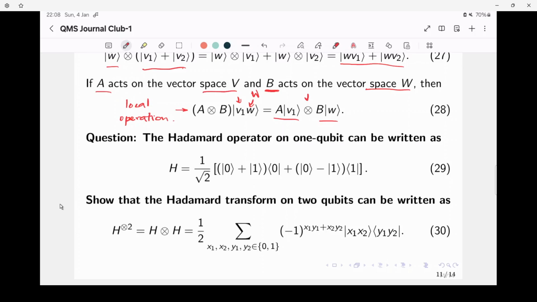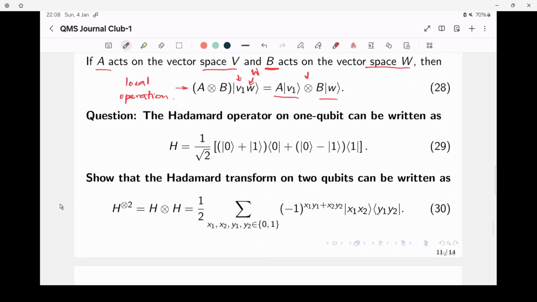I hope you guys tried it. This is a very common trick for some of the quantum algorithms, especially, what is that one? The Deutsch-Jozsa algorithm. I think they basically use this trick. So if you have two operators doing the tensor product, sometimes they write this.